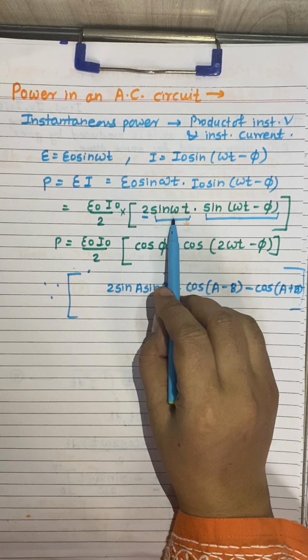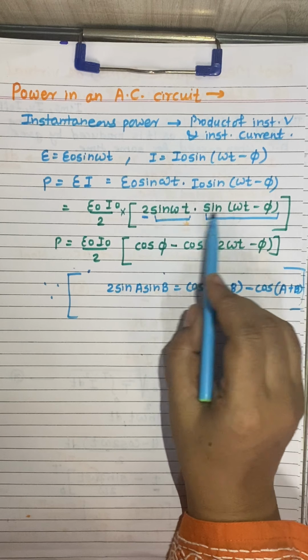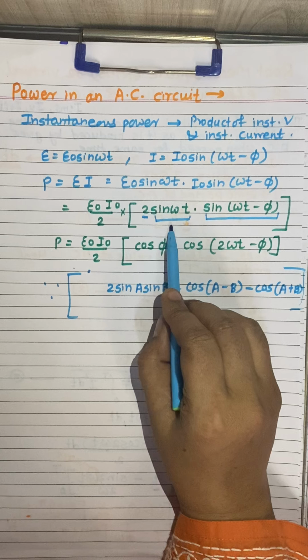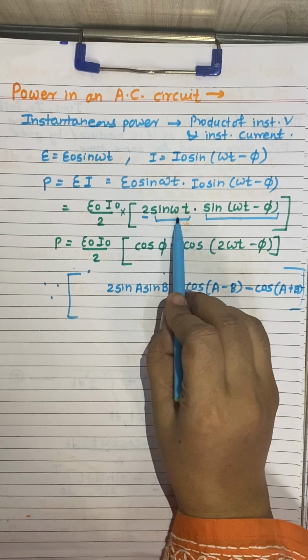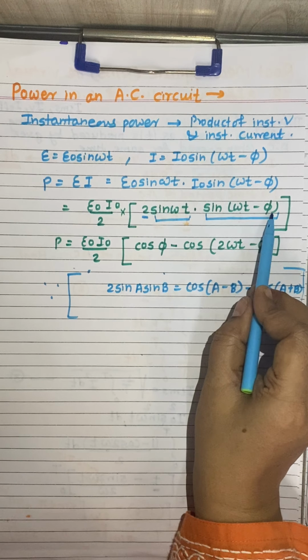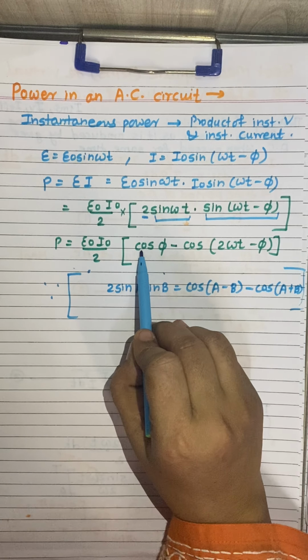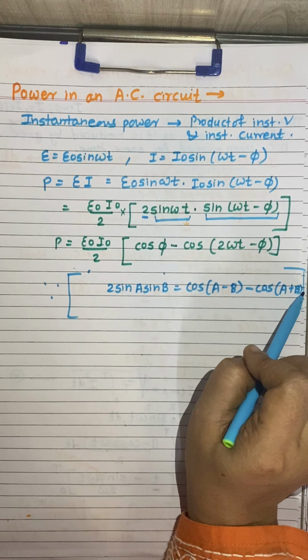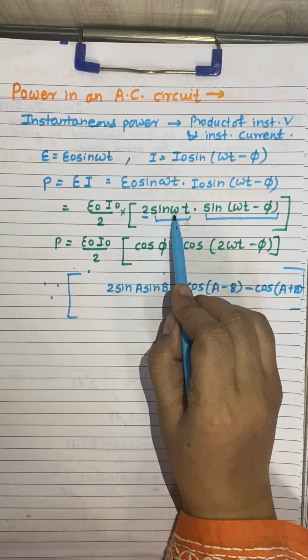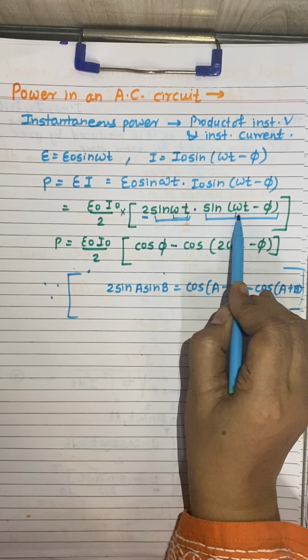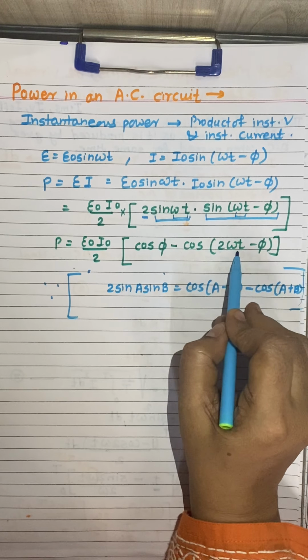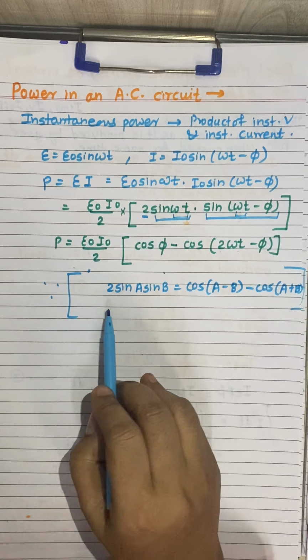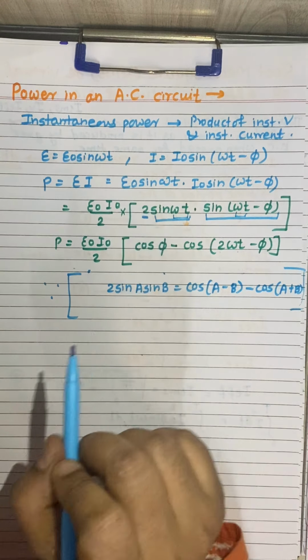If we put omega t and omega t minus phi as A and B, then for cos of A minus B, omega t minus omega t minus phi, the minus phi becomes plus phi, so we get cos of phi. Next, for cos of A plus B, omega t plus omega t minus phi becomes 2 omega t minus phi. So we are using this identity to find this particular equation.